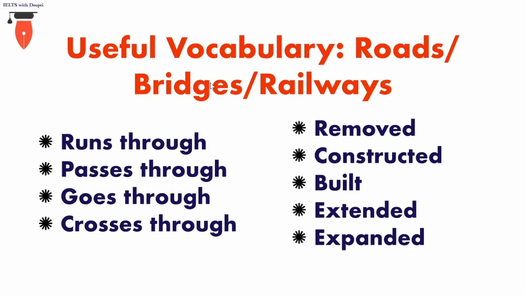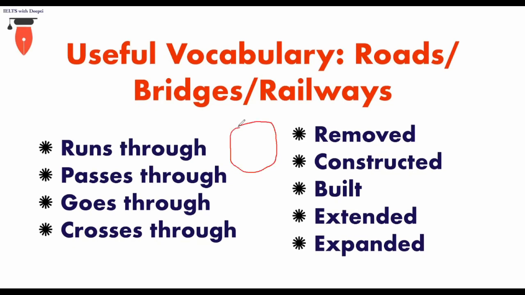Let's assume there is a city here, and the name of the city is A. And we have a new highway that is constructed. Now we'll say the new highway runs through city A. And in place of that, we can also say passes through city A, which means it is moving from one point of the city to another point of the city.